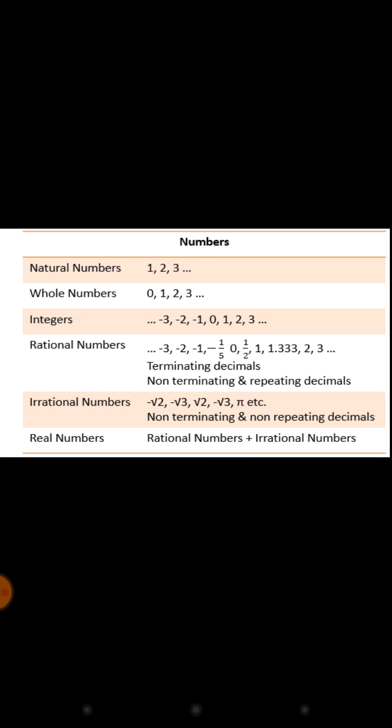The collection of whole numbers and their negatives are integers. And again, rational numbers are numbers which can be written in the form p upon q. The irrational numbers we have just discussed, and at last real numbers, the collection of rational numbers plus irrational numbers.